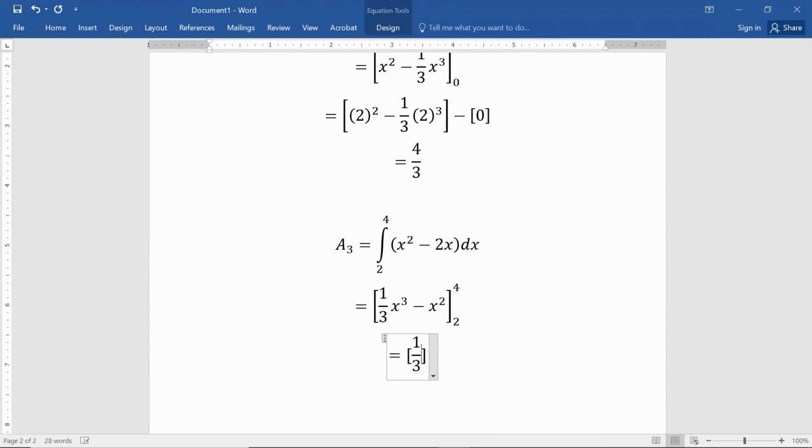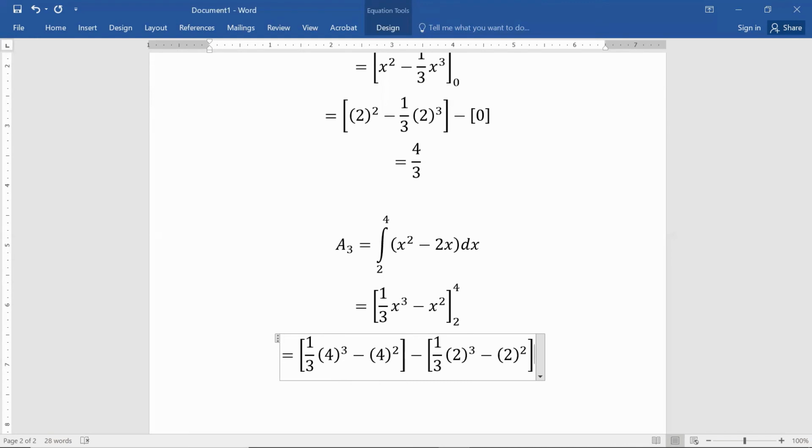Plug in 4: 1/3 times 4 to the third power minus 4 squared, minus what happens when we plug in a 2: 1/3 times 2 to the third minus 2 squared.